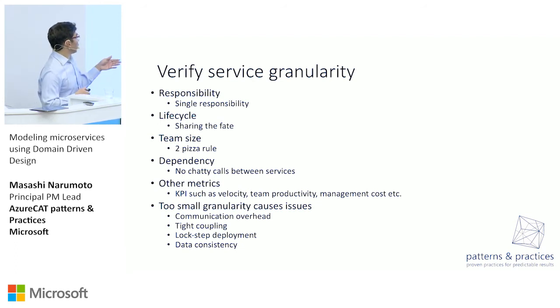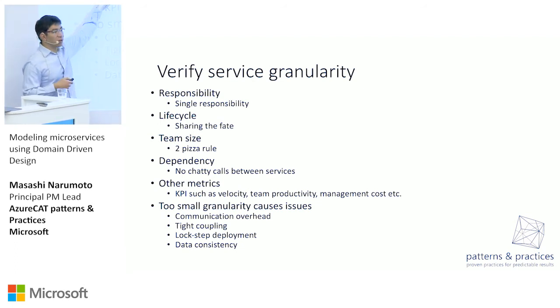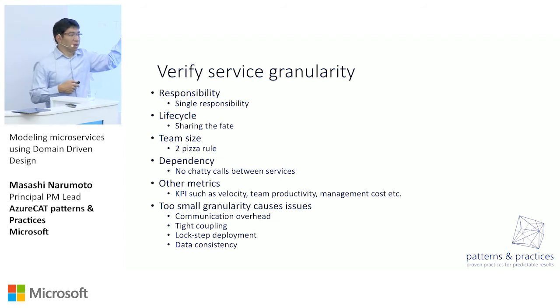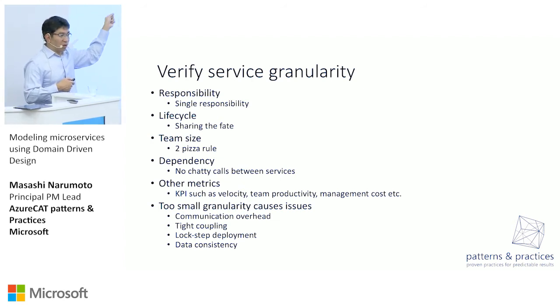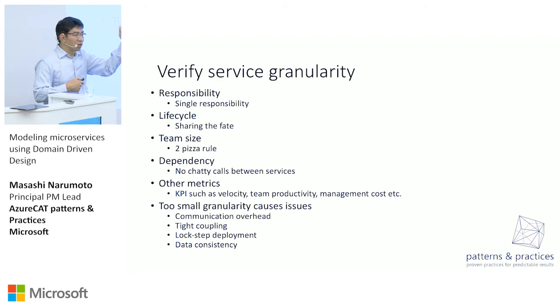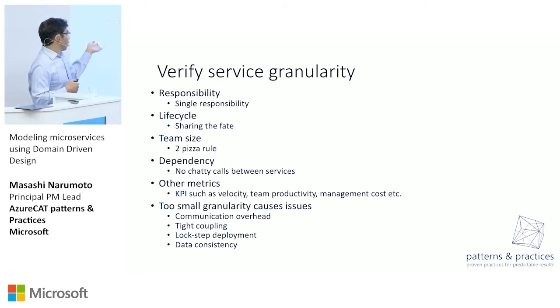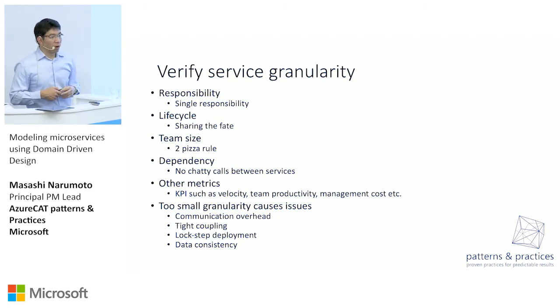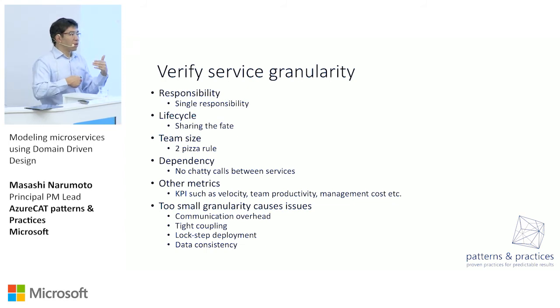Obviously, if you break down too small, it will cause issues, right? Tight coupling between two services, or lockstep deployment, because A depends on B, and A needs service B to be up and running before A gets deployed. Those things will happen if you go to too small a granularity.